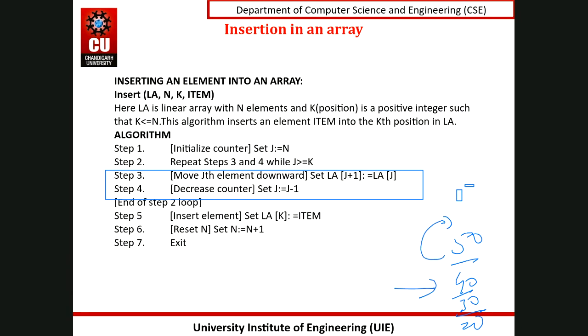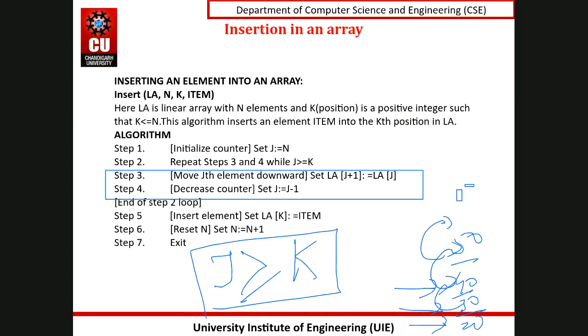This moves upwards, j comes over here. Then it moves upward, j comes over here. The j will keep on decrementing as long as j is greater than k. The moment it becomes less than k, it will not do the updation. It will not move the elements up.